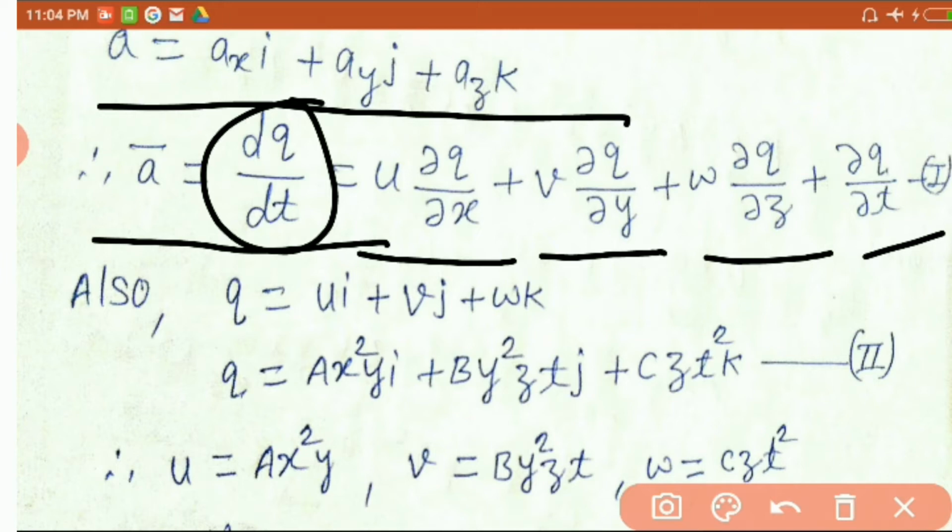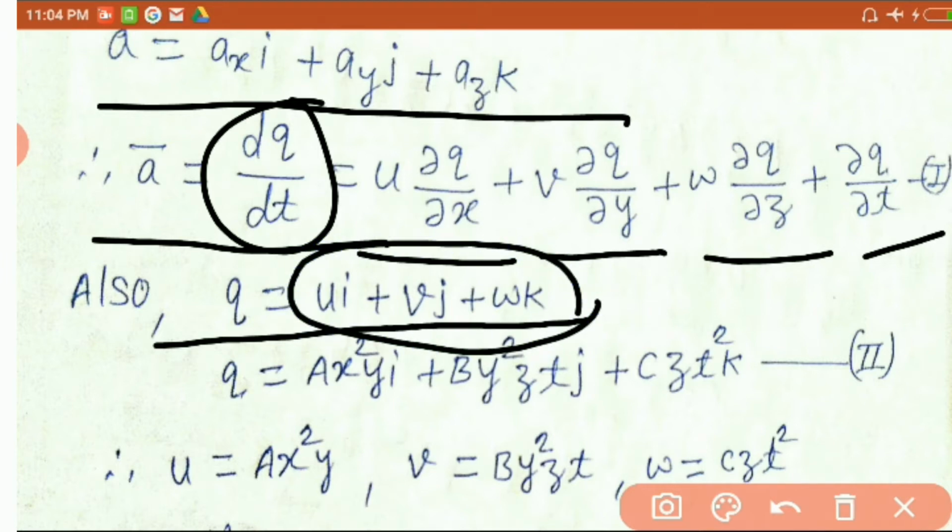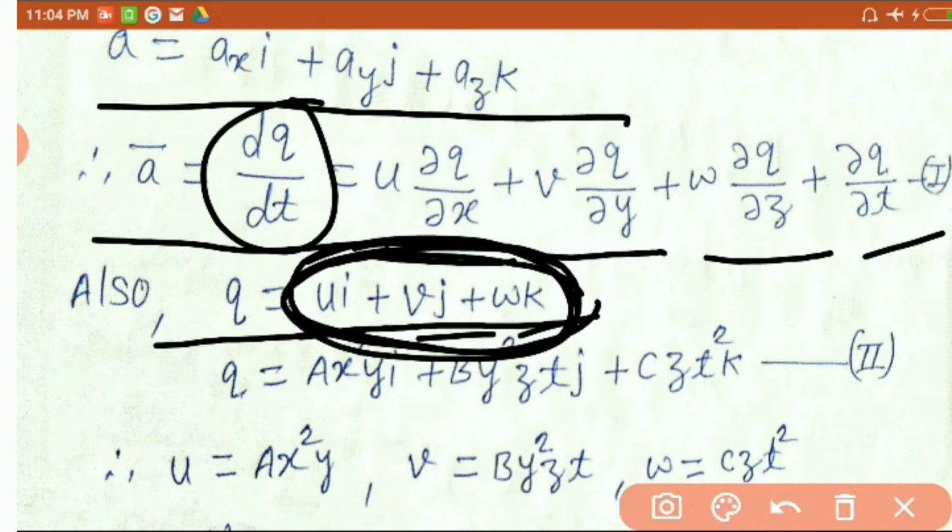And also, you know q is equal to ui + vj + wk. From what is already given, q is a x² y i + b y² z t j + c z t² k, which is in the form of ui + vj + wk.